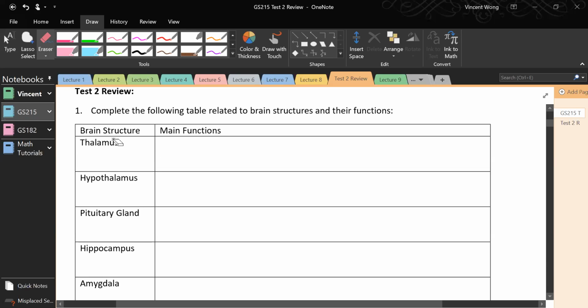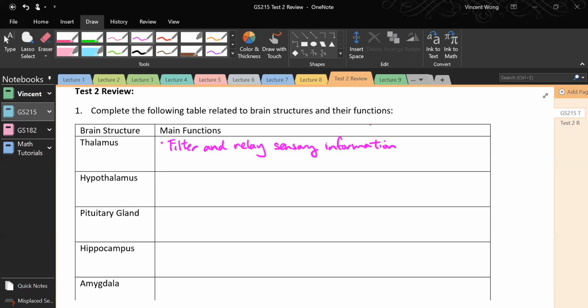Okay, so the main function of the thalamus is to filter and relay sensory information to the appropriate parts of the brain, right? So if it's visual information, it's going to send it to the occipital lobe.